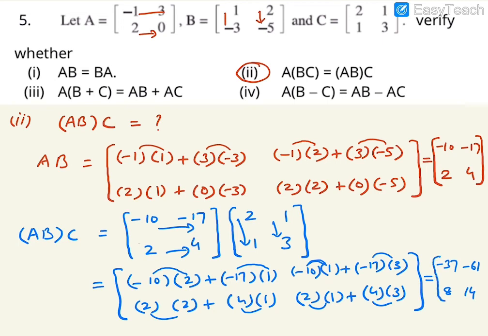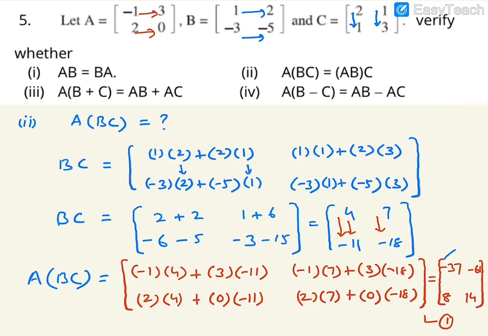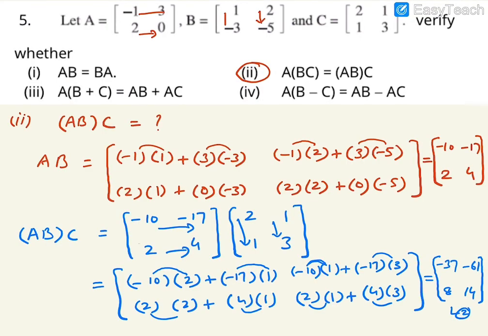So this one is the same as we found A into BC. All elements are the same. So we can say this is possible: 1 is equal to 2. So verified. You know, the associative law with multiplication is possible for matrices.